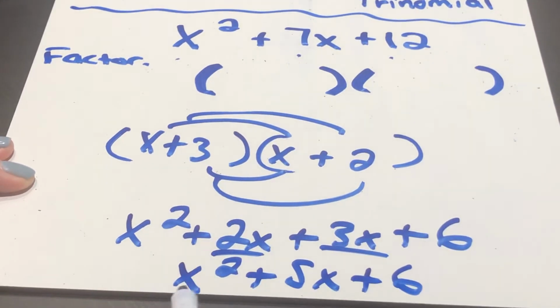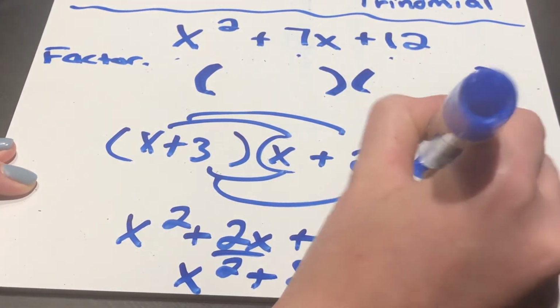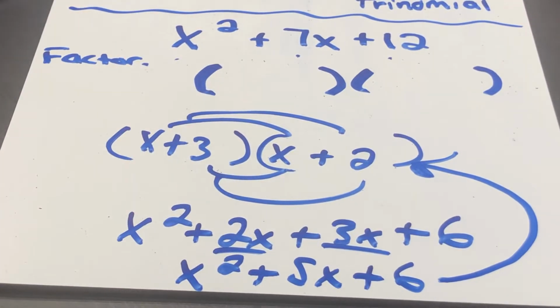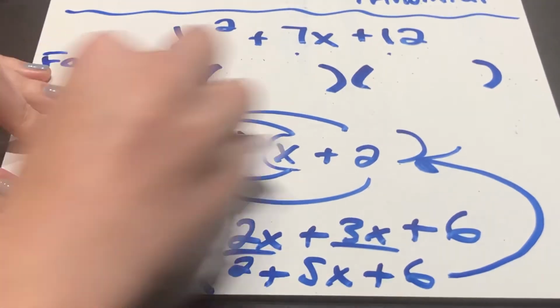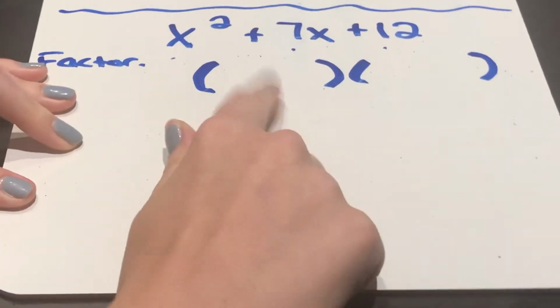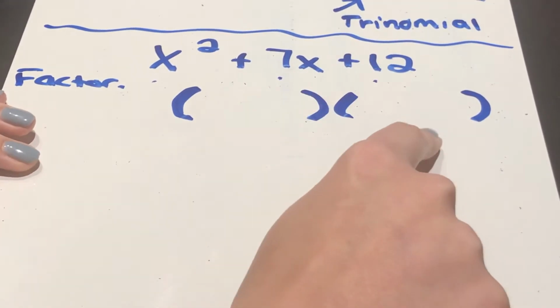Isn't this a trinomial? 1, 2, 3. Yes, it is. So what we're going to do is take this and make this. Basically we're going backwards, like what I told you last time when we factored. You're going to take your trinomial and find the two binomials that it started out with to give you this.